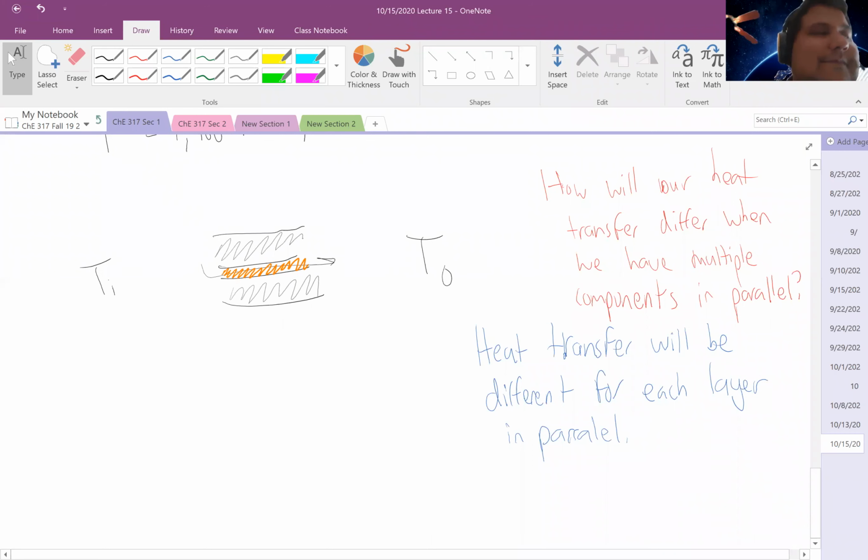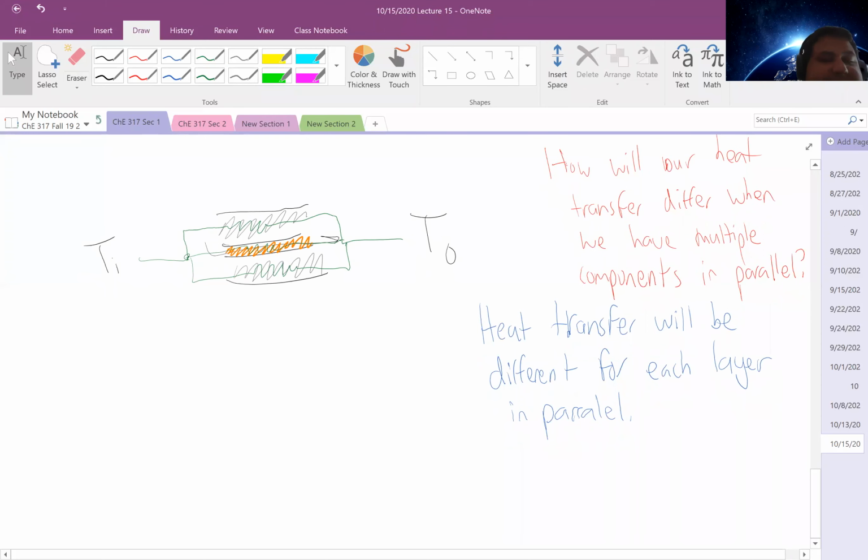However, following the use of our resistances in series model, I can still continue to use a resistance model, but now I can consider resistances in parallel.